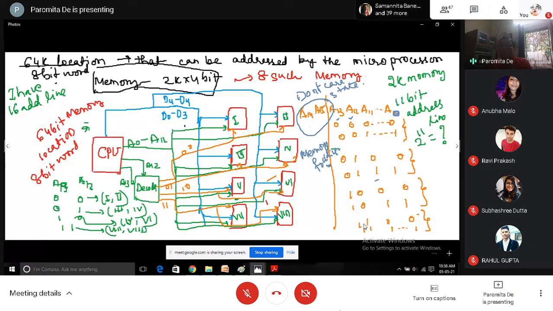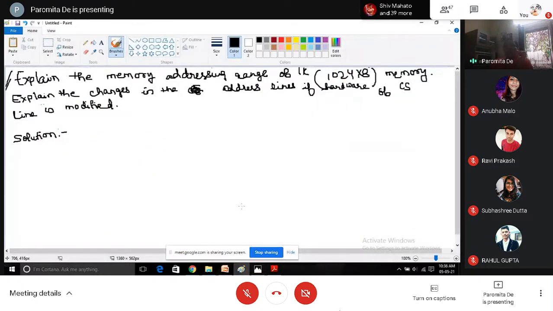For 1, 1, we are addressing 7, 8. So your chip select, which chip will be selected, will depend on the logic of A12 and A13. That is what we had seen. So that is what they're asking: explain the changes in the address lines if the hardware of the chip select is to be modified. Then what is the memory range of the memory we will address.